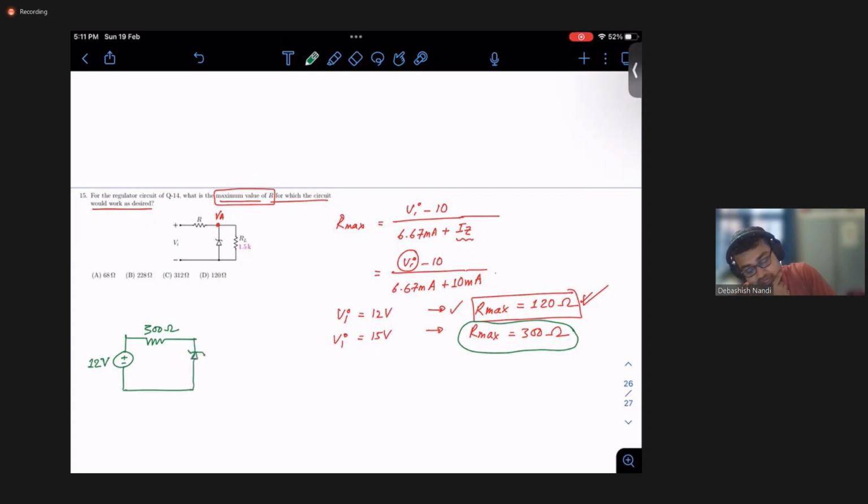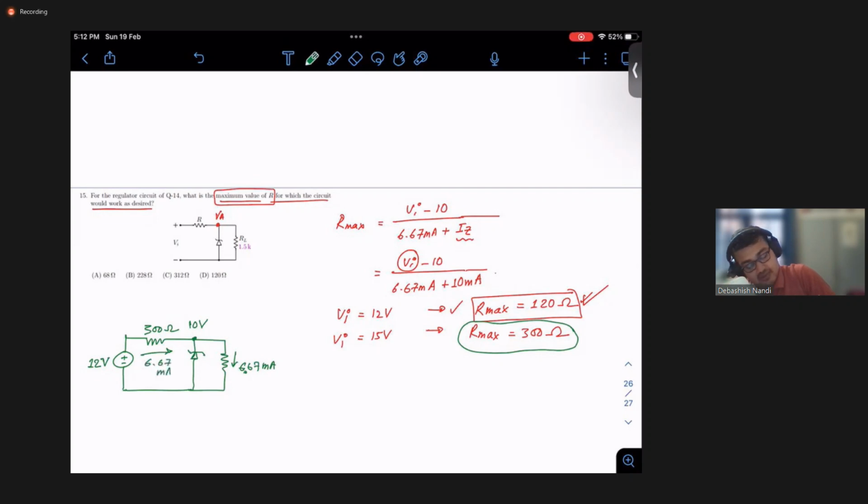This is your 6.67 milliampere. This is your 10 volt. So what is the voltage through this? What is the current through this? 2 divided by 300. It would be 6.67 milliampere.